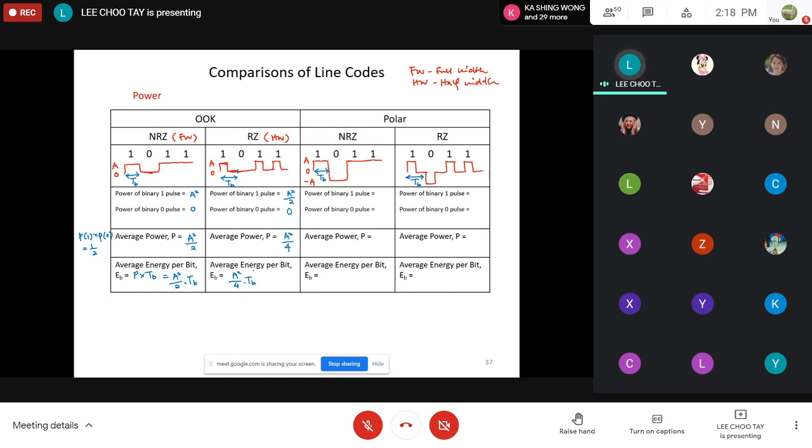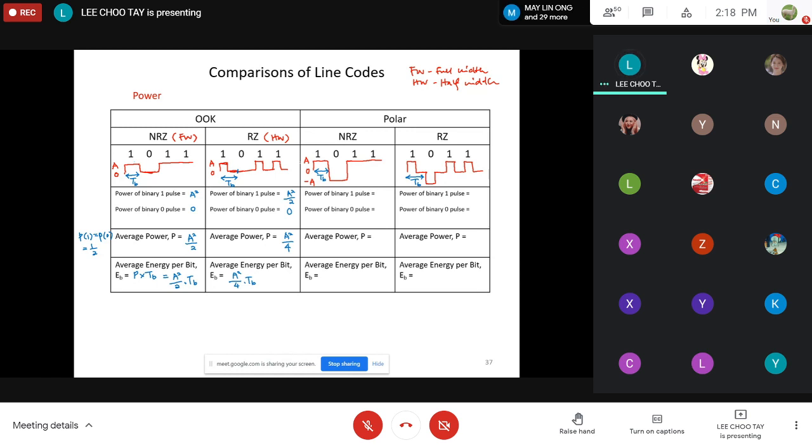So that is for on-off keying. When we transmit using on-off keying line codes with the non-return to 0 format, meaning we use a full wave pulse, then the average power is A square over 2. And A is the amplitude of the pulse.